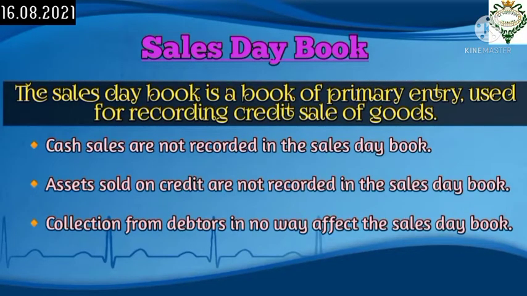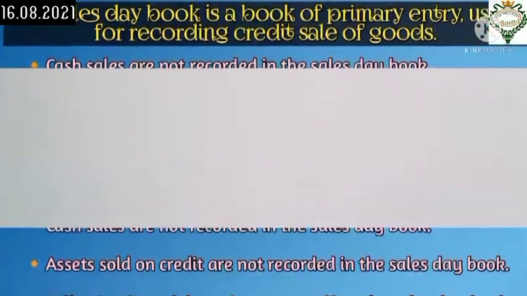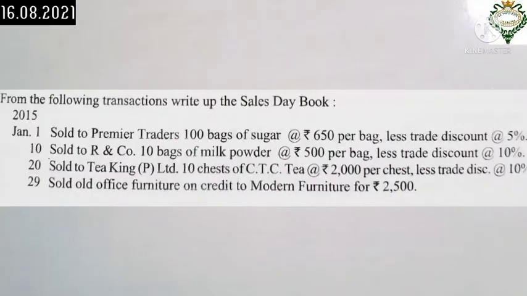Okay students, now come to the question. Look at illustration number 9. It says from the following transactions write up the sales day book. The following transactions were done in the month of January 2015, and all of these we have to record in the sales day book. So come to the solution.